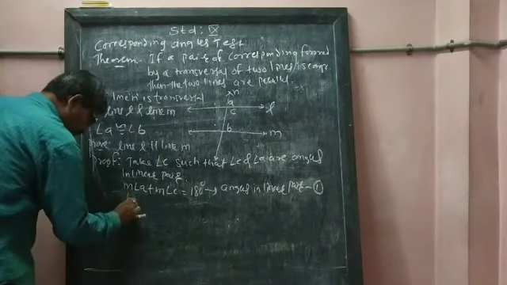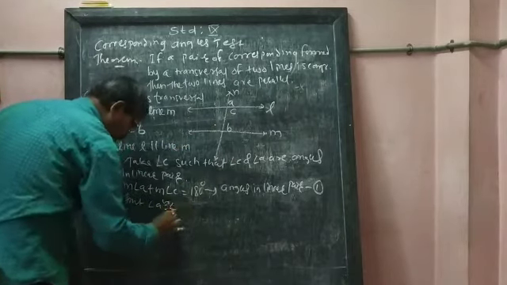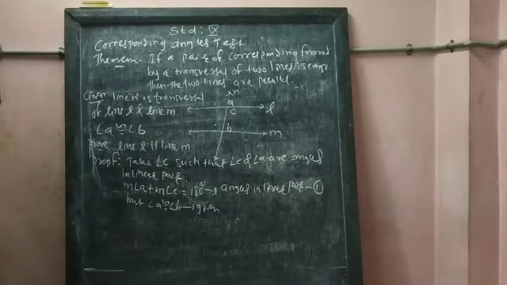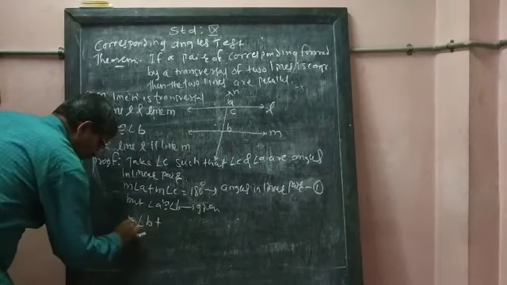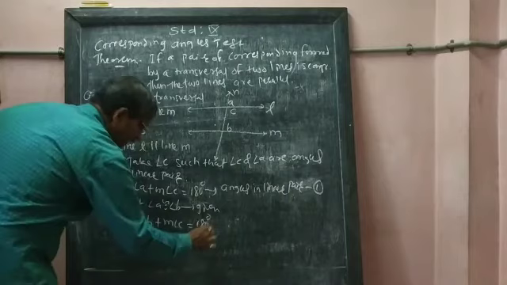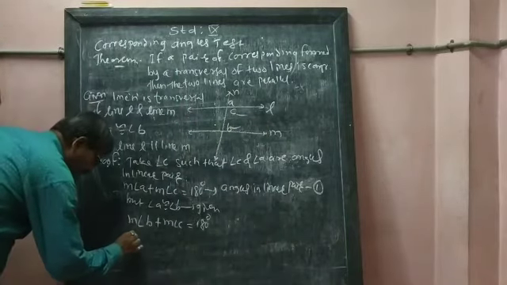Now, but angle A congruent angle B, it is given, corresponding angles. So what happens, instead of A, I will take B: measure of angle B plus measure of angle C is equal to 180 degrees.